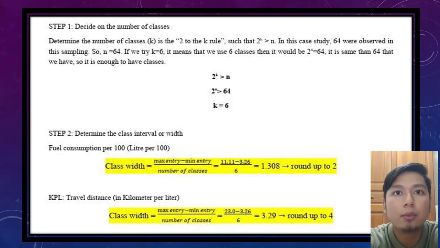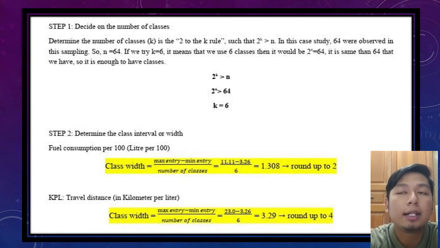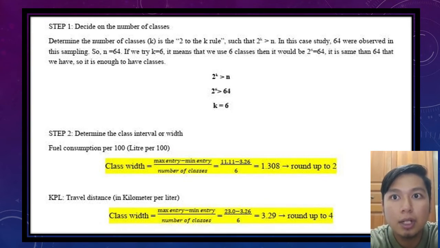Okay, second step, we want to determine the class interval. We have two parts. First, fuel consumption, where we use this formula, and the final answer we get is 1.308, and according to the syllabus, we must round up.